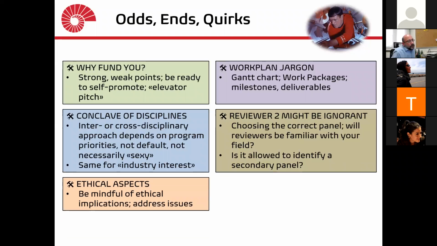Be mindful of the ethical implications of your research. I find that sometimes, again, not always from social sciences and humanities, sometimes from other disciplines too, researchers just see ethical issues as secondary, tertiary issues.